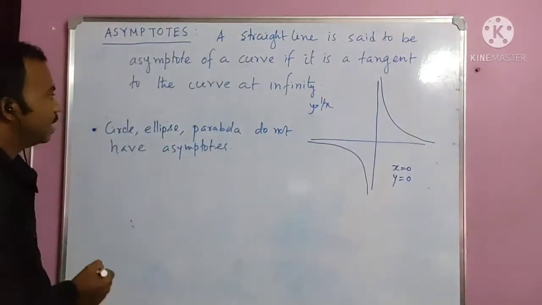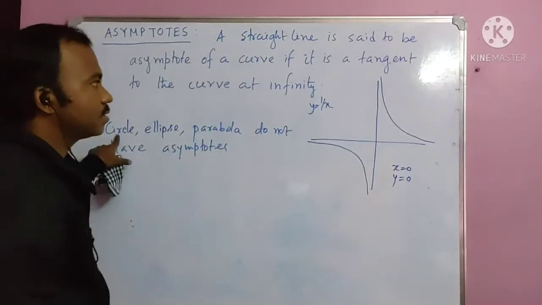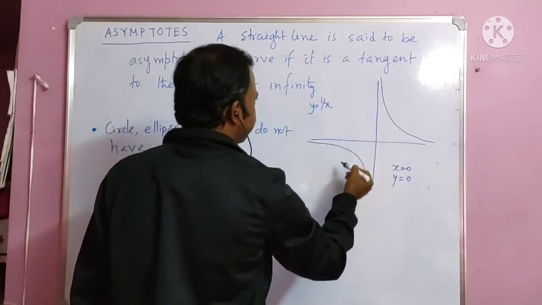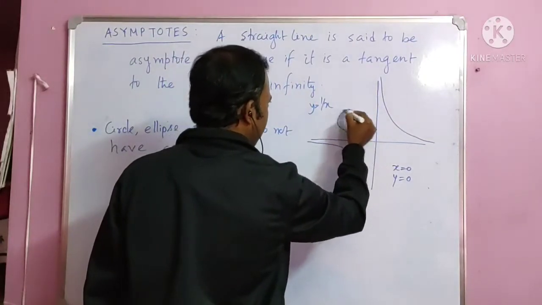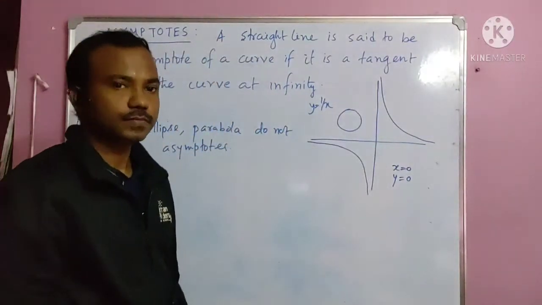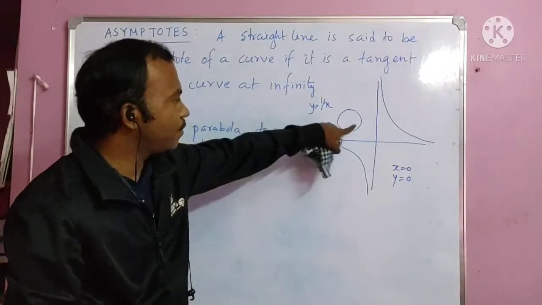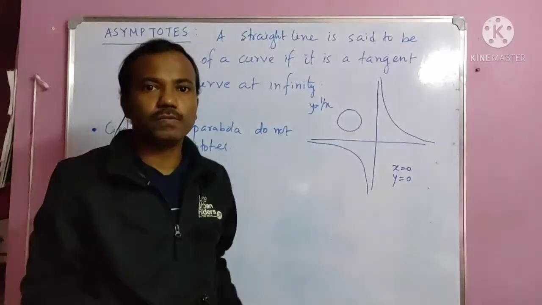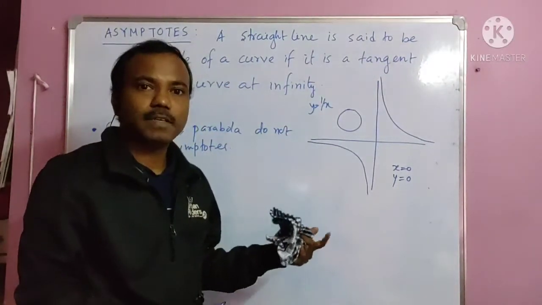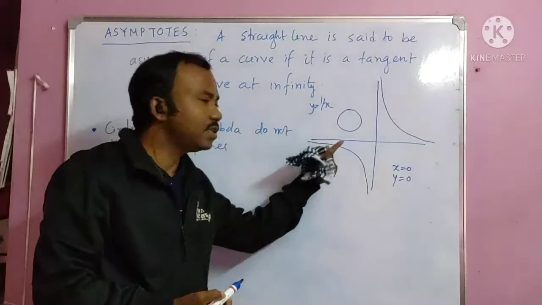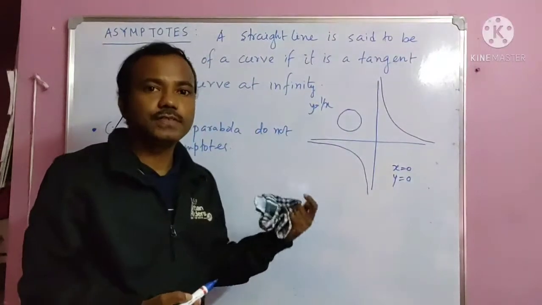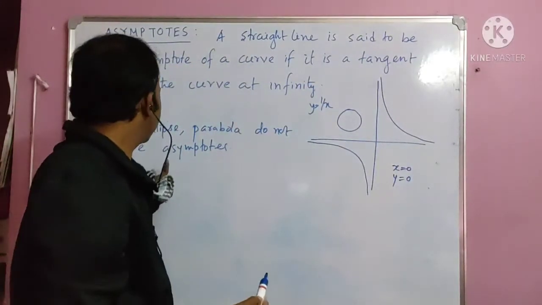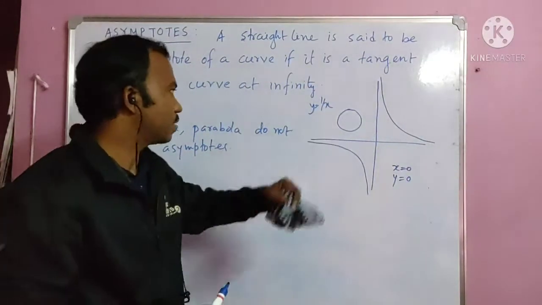The answer is pretty obvious. If we draw a circle here, it has only finite regions. This circle is not extended to infinity. So a straight line being a tangent to this curve at infinity doesn't make any sense. So there are no asymptotes for these curves.